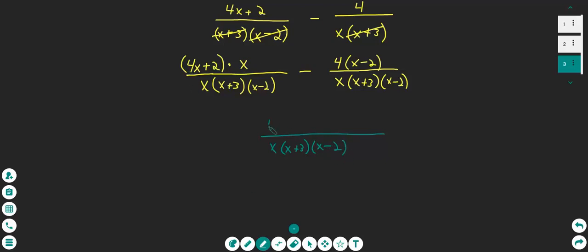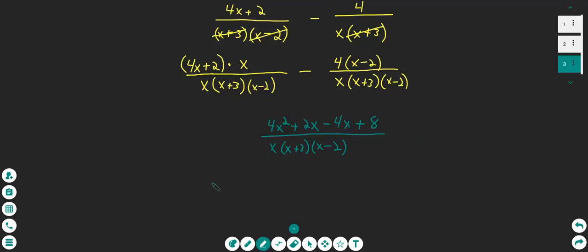So this is going to give us 4x squared plus 2x, right? And then over here, I'm going to have a negative 4. Don't forget to bring that negative up. Negative 4 times x is going to be a negative 4x. Negative 4 times a negative 2 is going to be a positive 8, right? Now, the one benefit to expanding the numerators here is now I actually have a couple of like terms that I can play with.